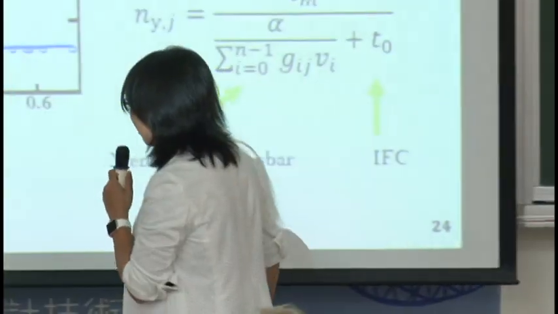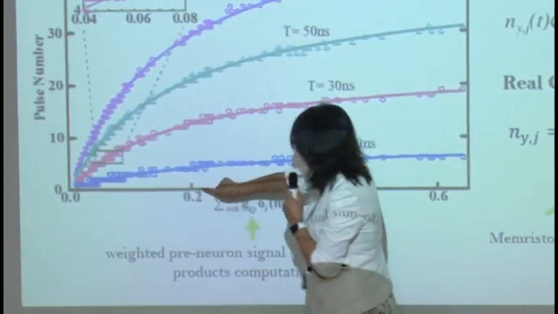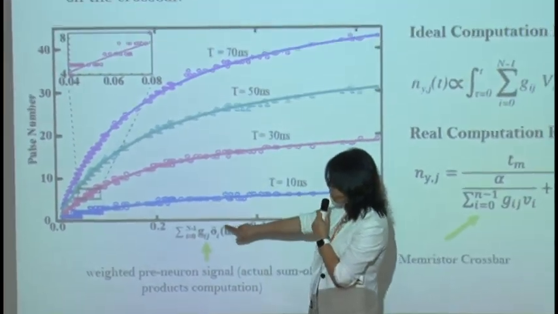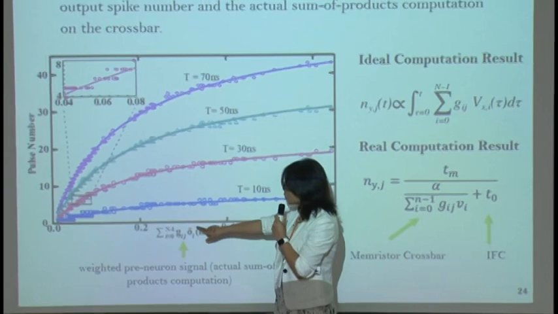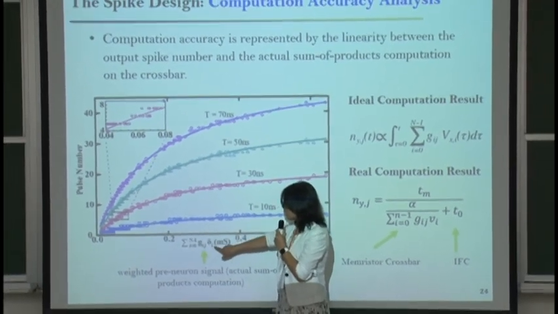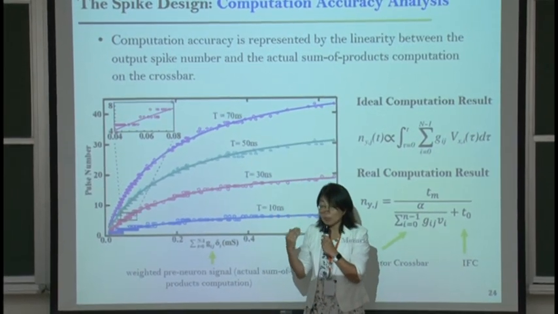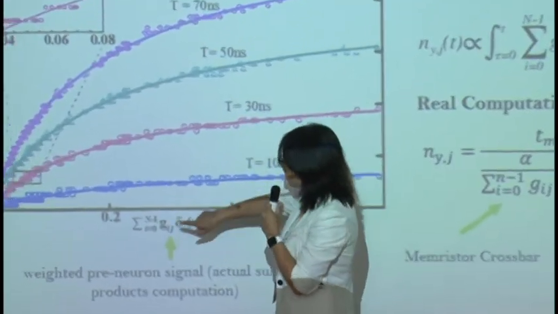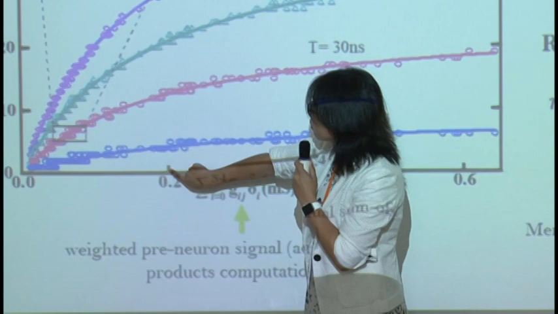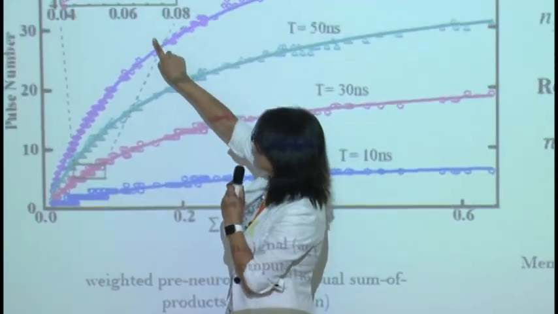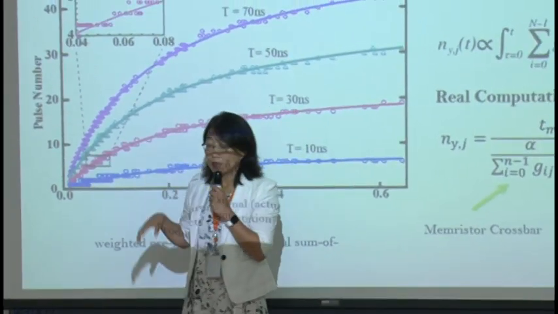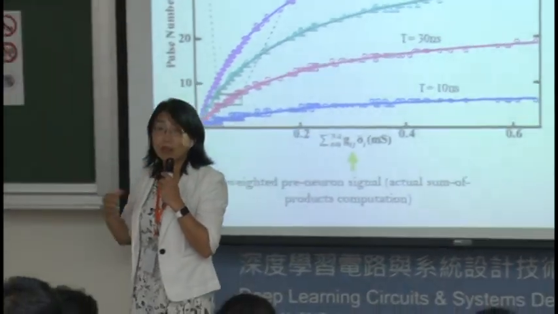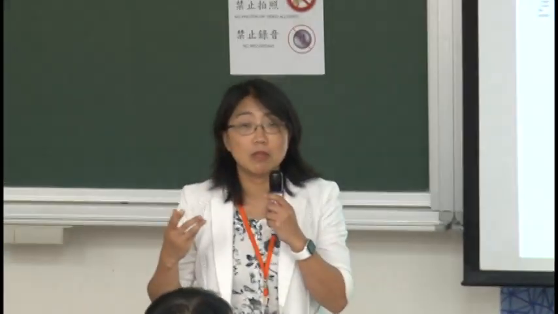So this number, the x-axis, is based on both the G and also the input, right? So what I meant is even for the same number over here, it indicates a lot of variations in a lot of different combinations in communication.